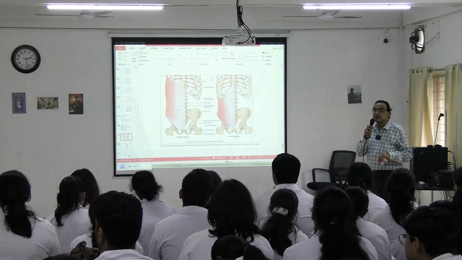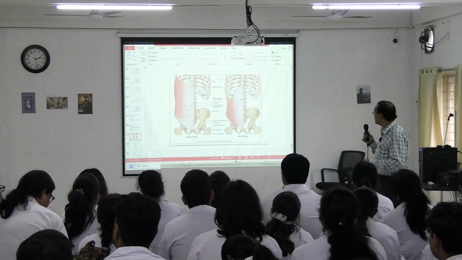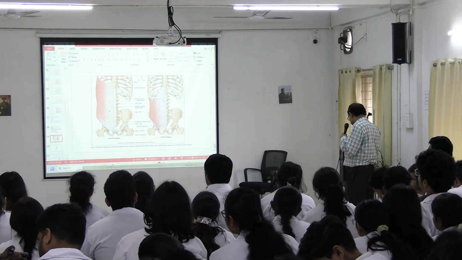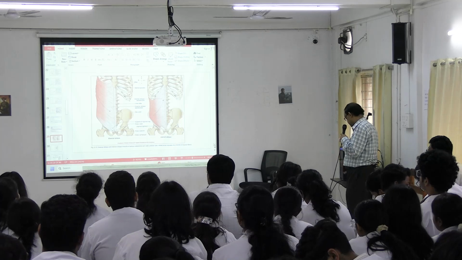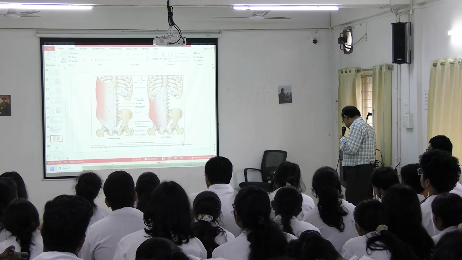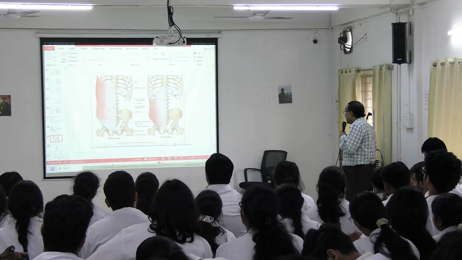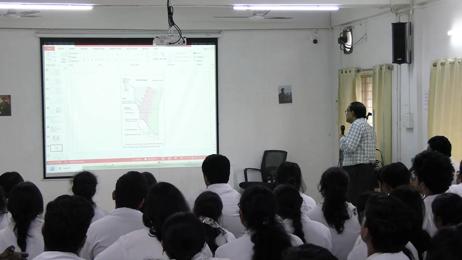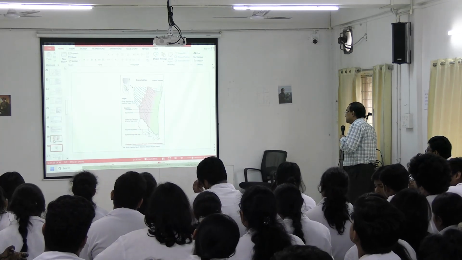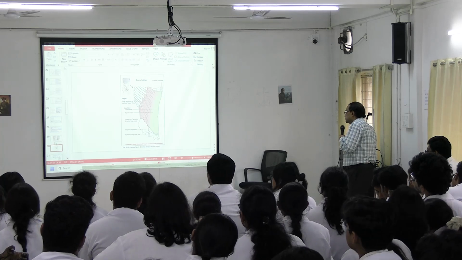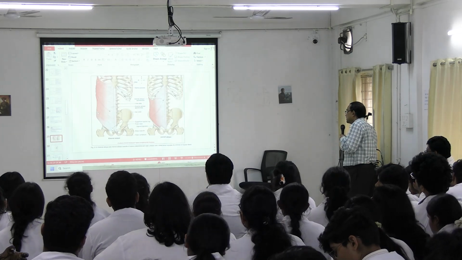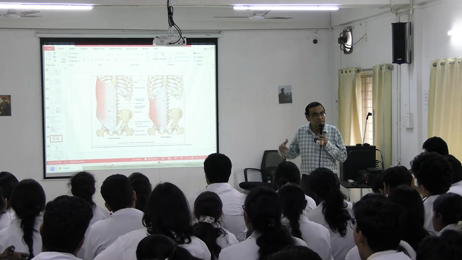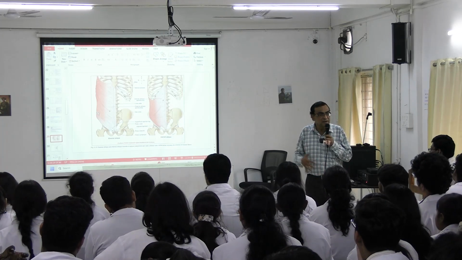Here we can see the muscles of the anterior abdominal wall. This is the external oblique, whose fibers are directed downwards, forwards and medially.